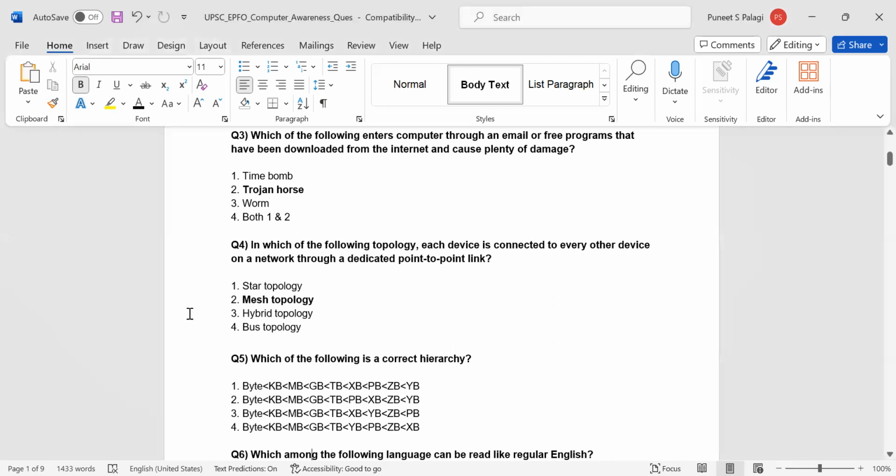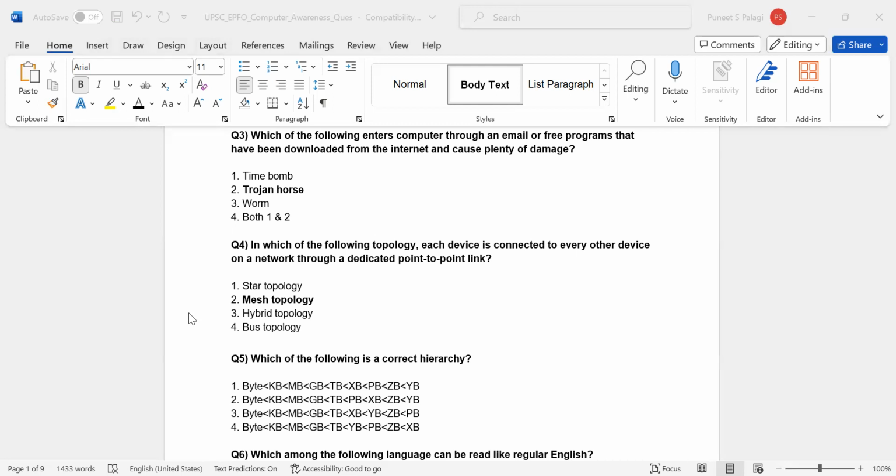Then after kilobyte, the next higher is megabyte. Then after megabyte we have gigabyte. Then after gigabyte we have terabyte. Okay, so till here all the options have the same order. All the options have the same order till terabyte, but from terabyte onwards they have different units, so you need to select the right one.